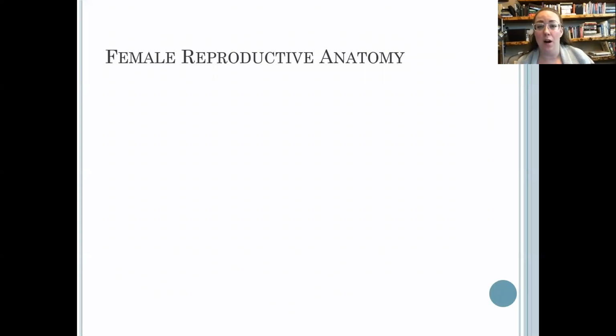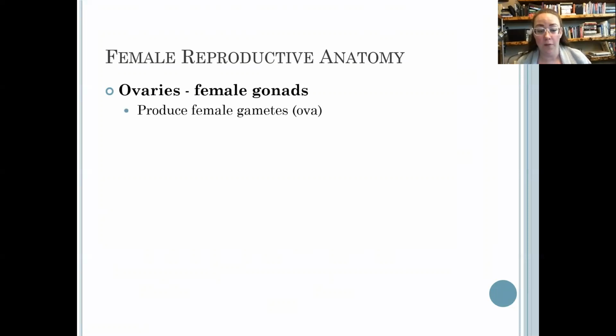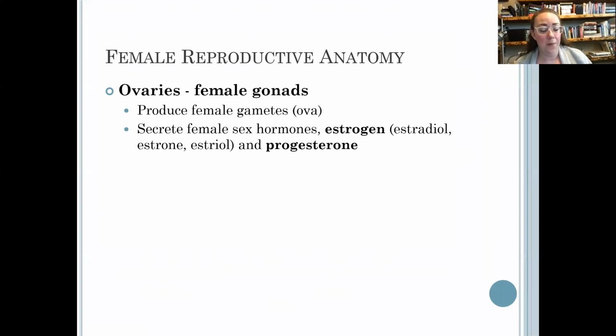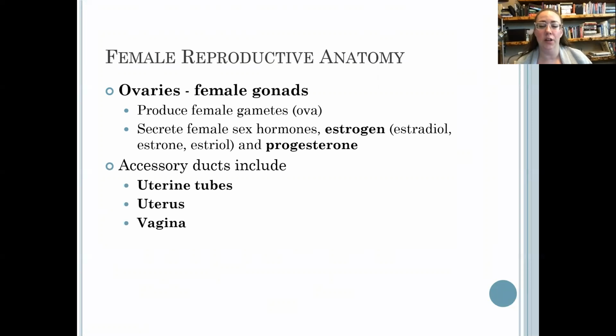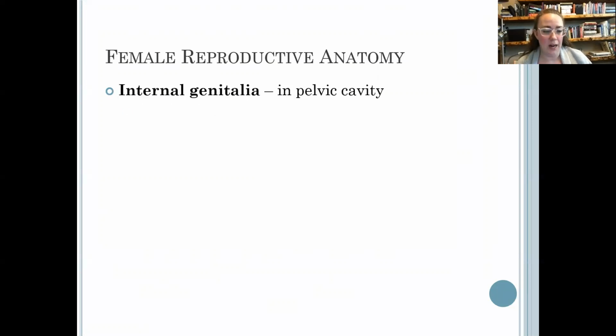We're now going to concentrate more on the female system. I'm going to introduce a little bit of this one, and then we'll continue it in the next segment. So for the anatomy side, of course, the gonads are the ovaries, which produce the ova, or the gametes for the female. They also secrete some of the important hormones: different types of estrogens, and progesterone. Some of the accessory ducts are the uterine tubes, the uterus, and the vagina.